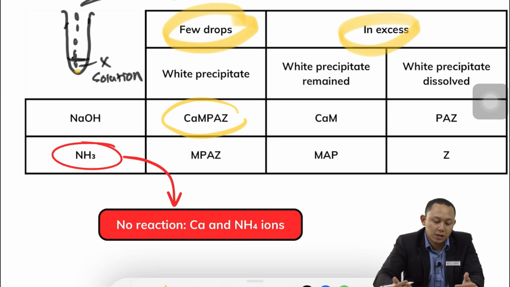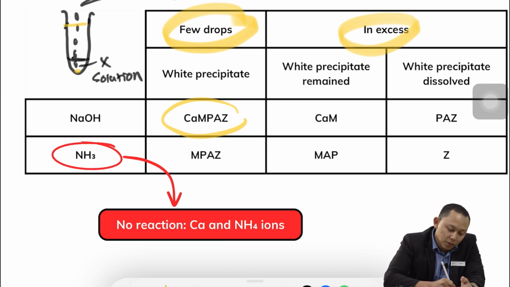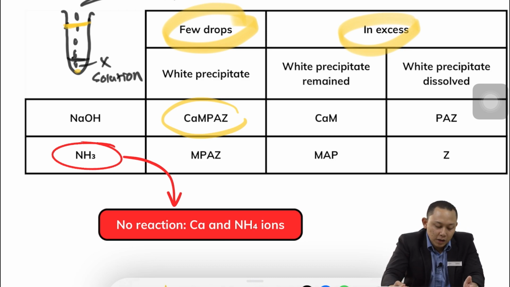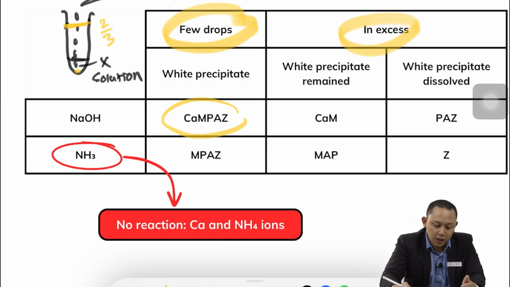What does it mean in excess? Just now you only added a few drops, right? Now you need to put your NaOH into the test tube in excess, which could be about two thirds of the volume of the test tube.